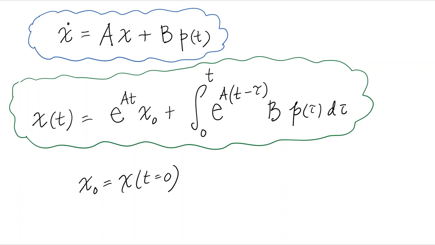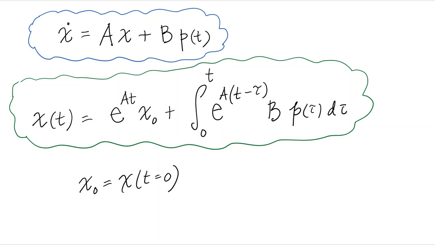So this is a linear set of differential equations that we're solving. And in this equation, X naught is the state at t equals 0, and P of tau is the loading, and tau is the integration variable, and t is the time at which we want the state.